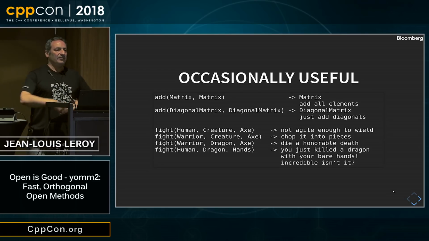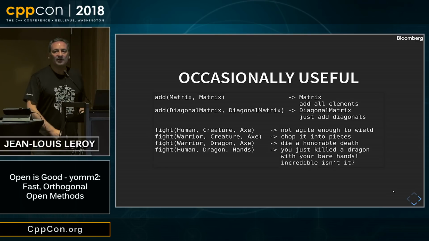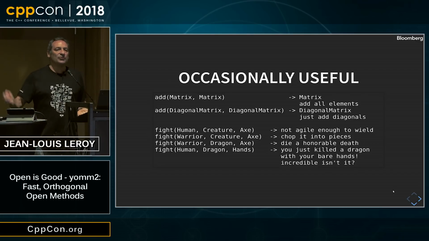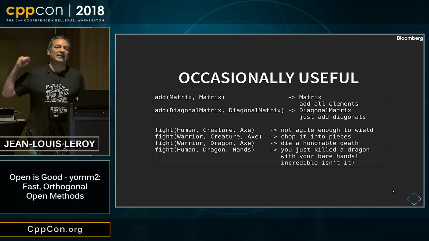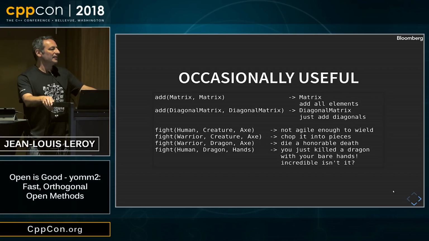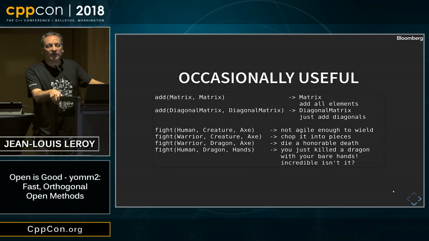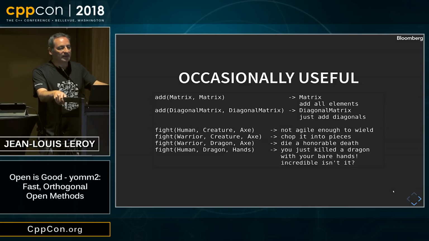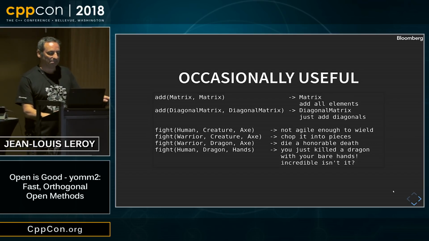And if the character is a human and the device is an axe or a magic wand, he cannot use it, but if he's a warrior and he's trying to use an axe, he can use it because he's agile enough to wield, but if he tries to use it against a dragon, it ends badly, right? This is an example of a multi-method that uses 3 virtual parameters. So that happens too. Well, good luck implementing that with triple dispatch.